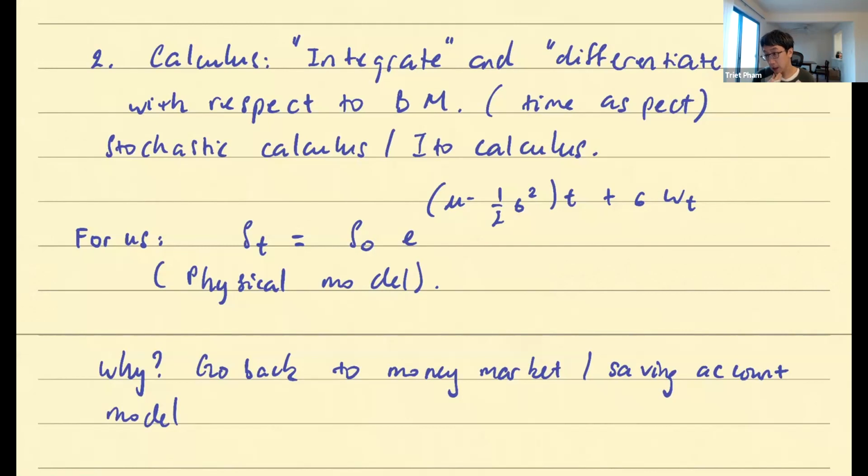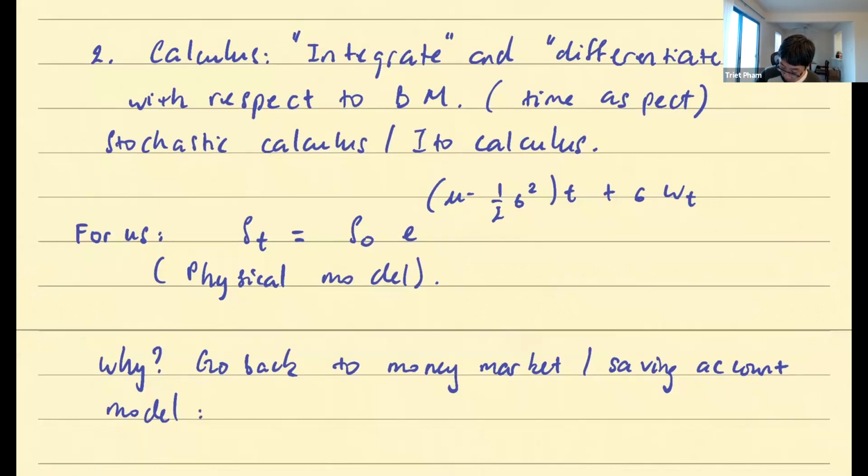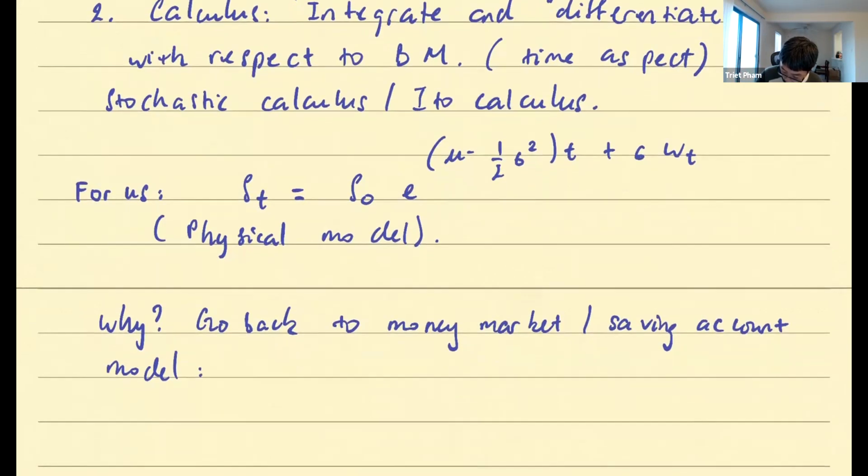So compounding, the idea of how often you get the interest paid will be a continuous concept rather than a discrete concept, okay? So for that, let's just say the money market account will have this model, where R is the interest rate.